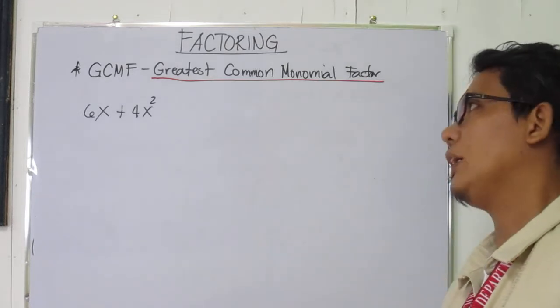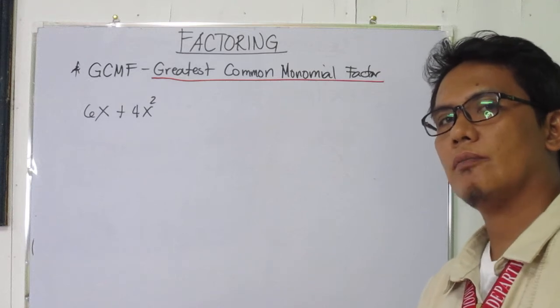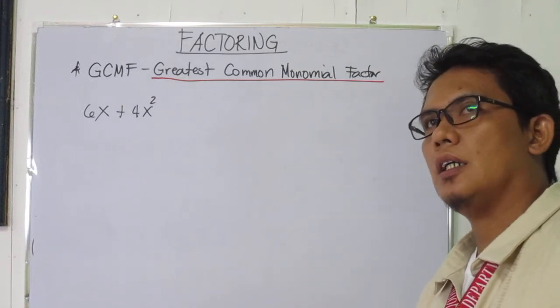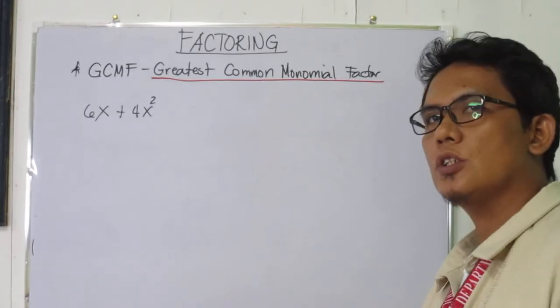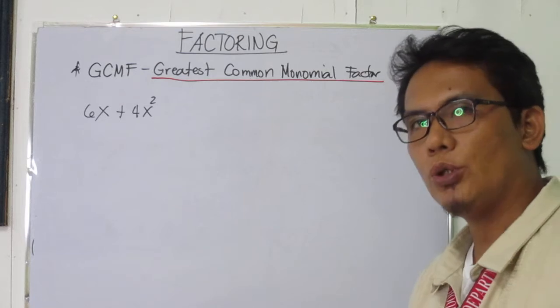The word greatest means that it is the biggest. The biggest number, the biggest expression that can be factored out from the expression, is identified as the greatest common monomial factor.